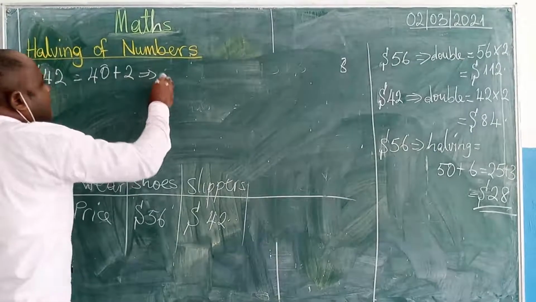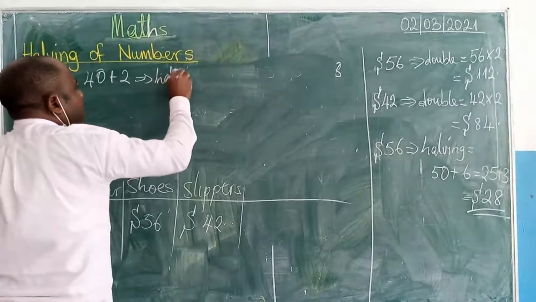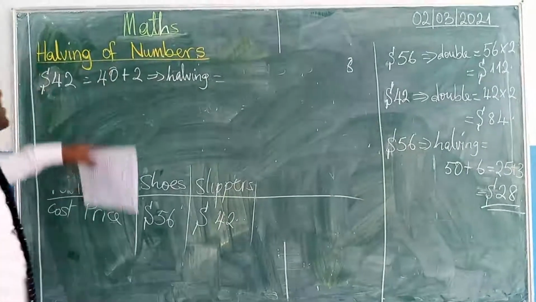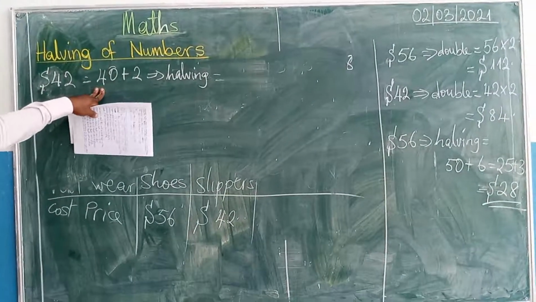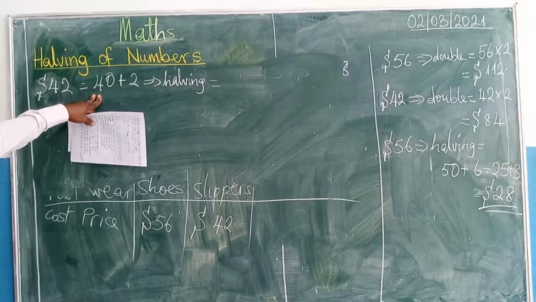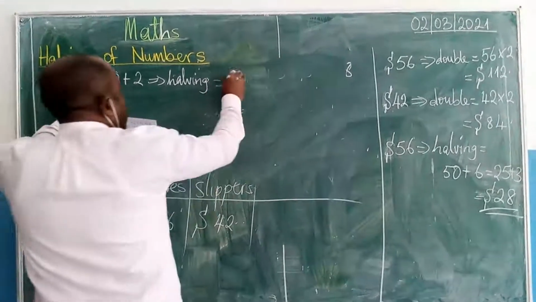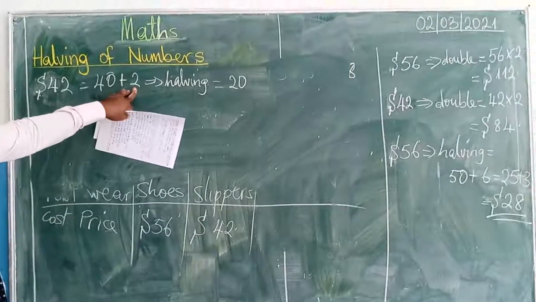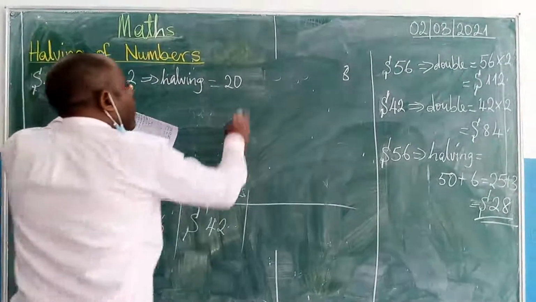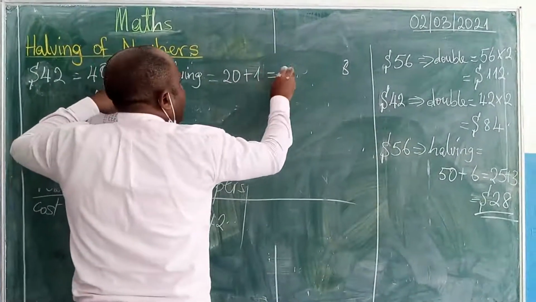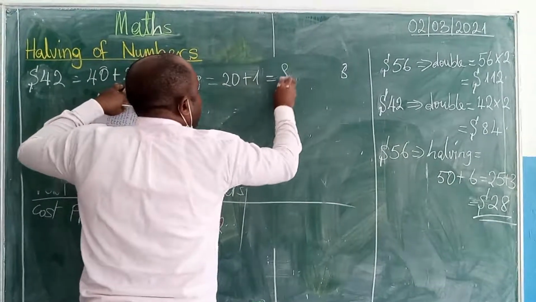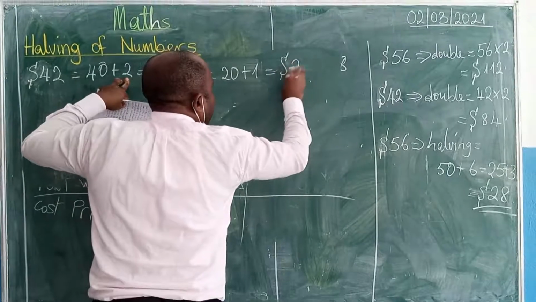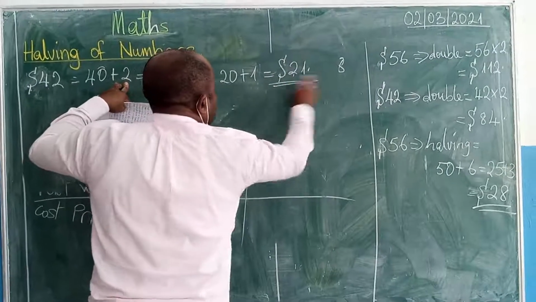It follows that halving will be equal to the half of 40. Which number can we add to itself to give us 40? It is 20. And which number can we add to itself to give us 2? It is 1. So 20 plus 1 gives me $21.